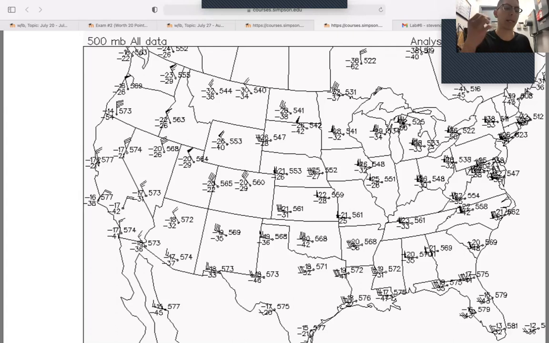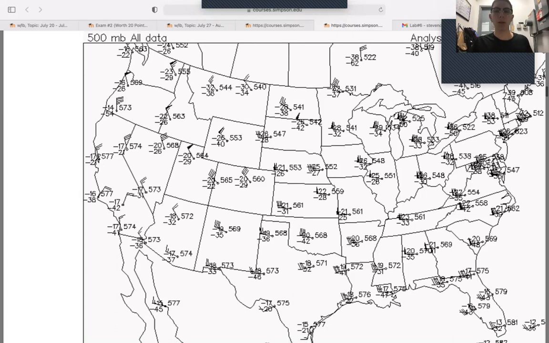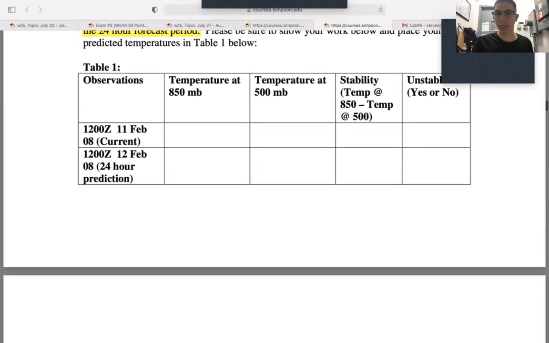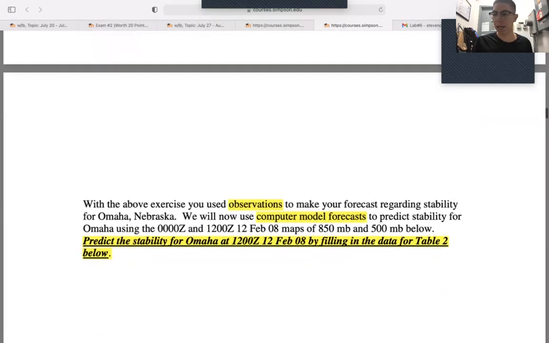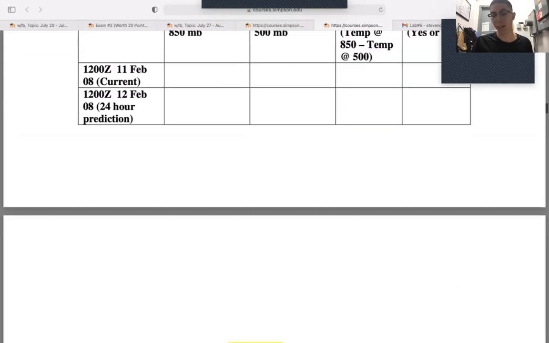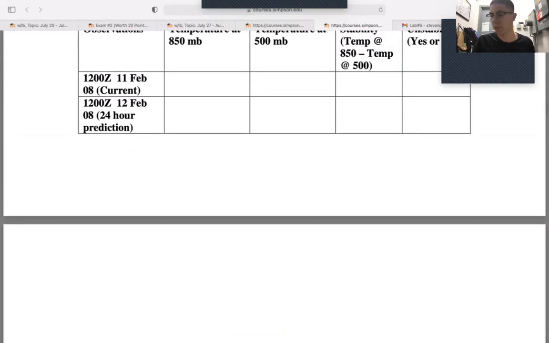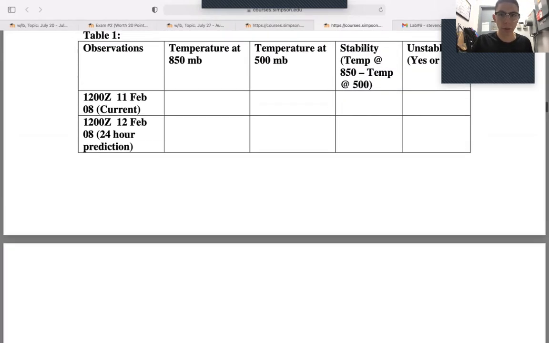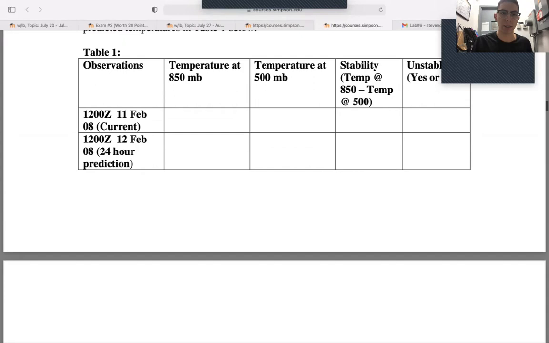So in 24 hours, it's going to be -20 Celsius. So we're doing good. This is all filled out. I filled these maps out on a piece of paper because I couldn't print it out, and I sent it in your email, so you can find the notes and calculations there.